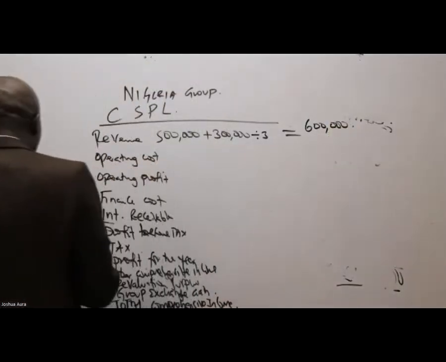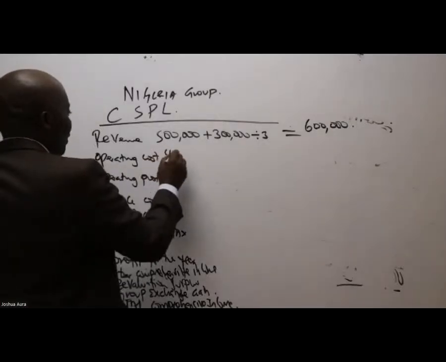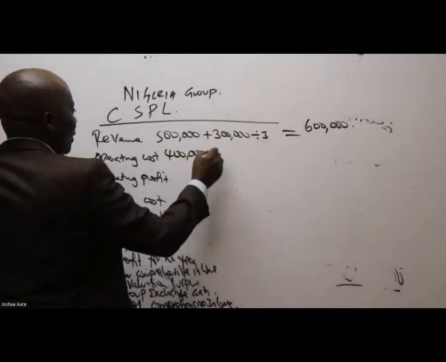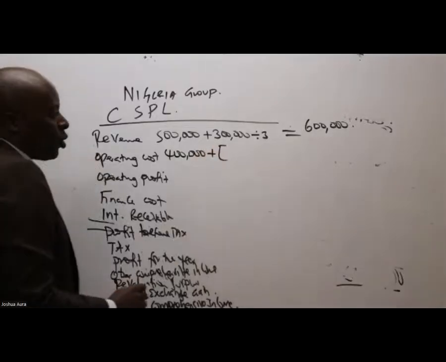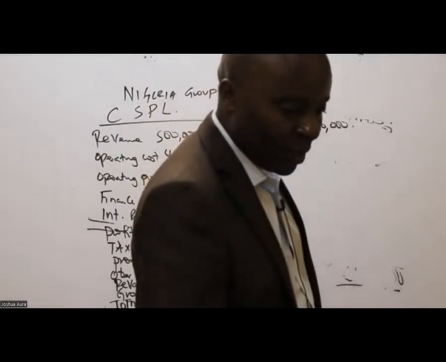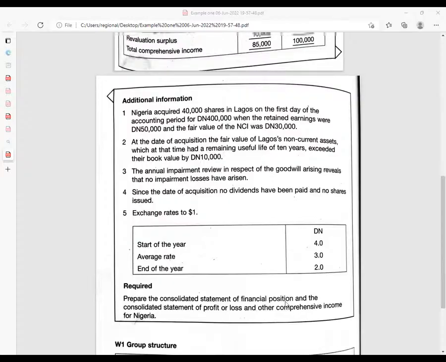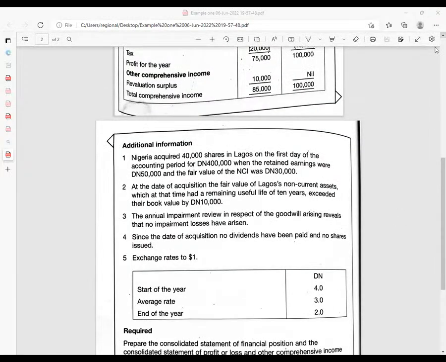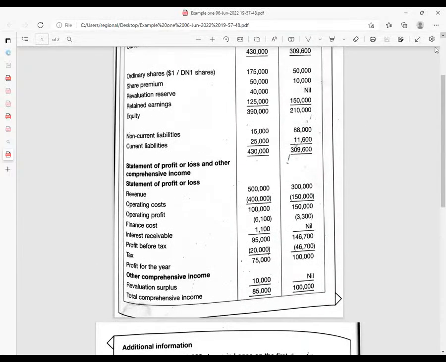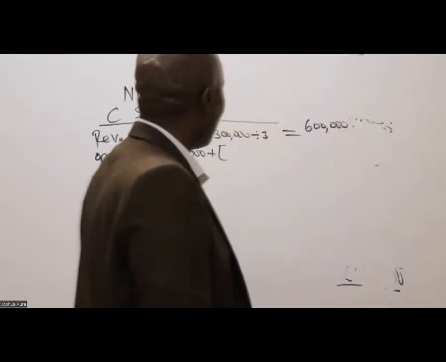And then we have, ladies and gentlemen, operating cost. Operating cost, I will take 400,000, plus the operating cost of the subsidiary. They have given it to you here: 150,000 DNs.